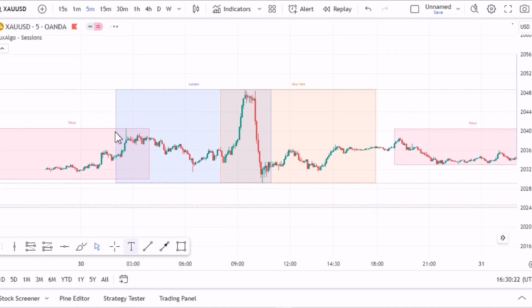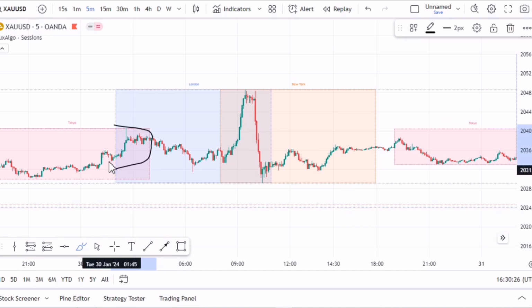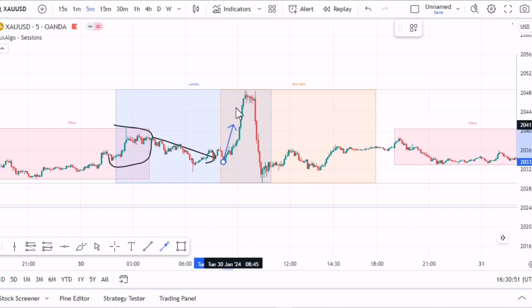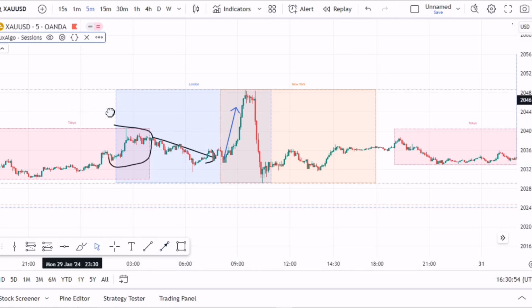You see right here the involvement of the Tokyo session. It can deceive you sometimes. So once you have set this up, you can clearly see what was happening on the London session alone. The opening move was in the opposite of that.